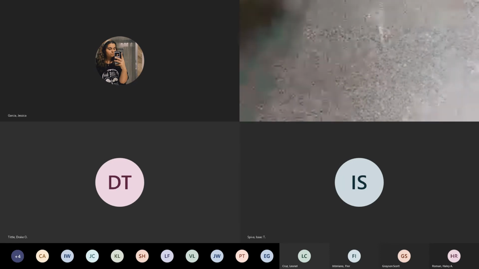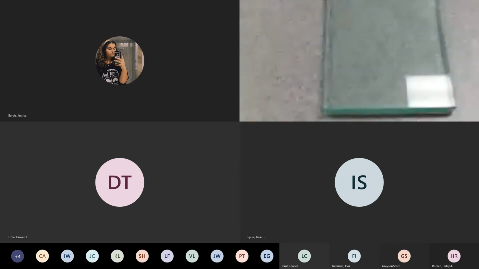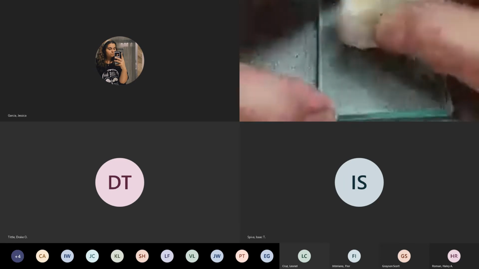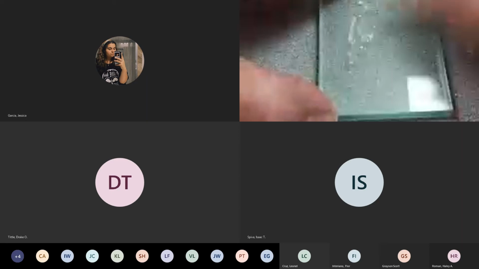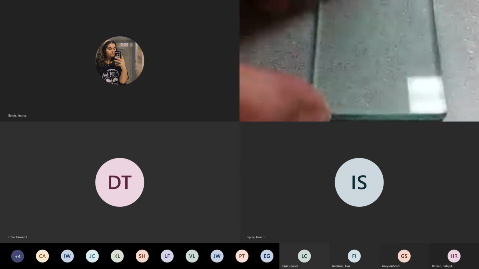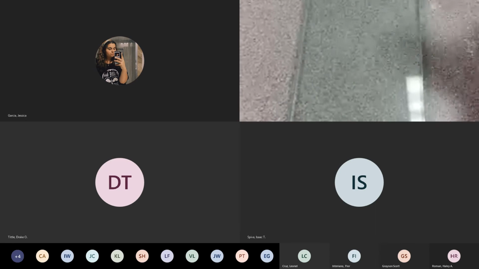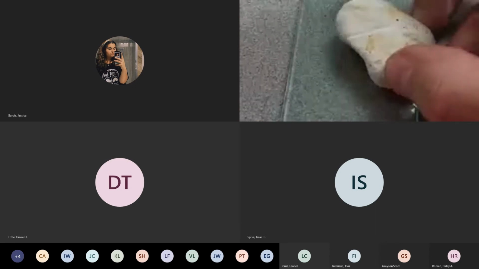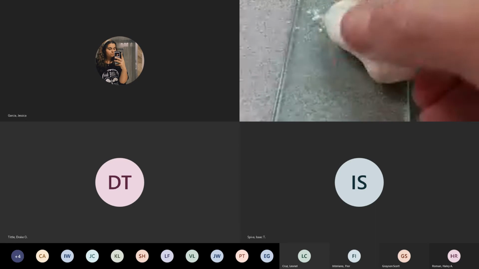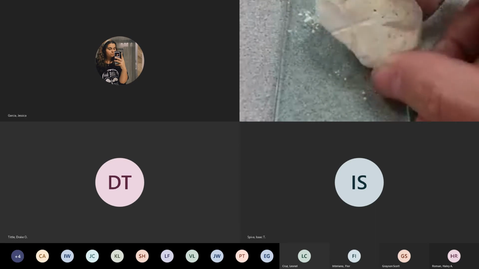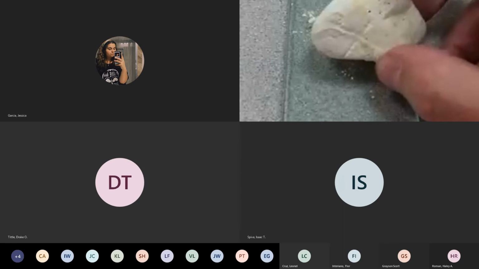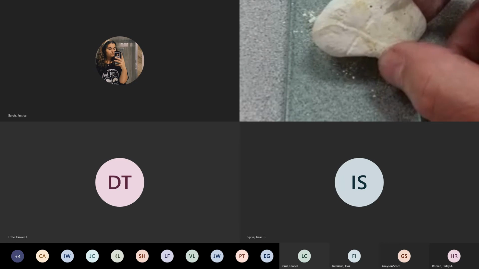Luster, streak, color, and hardness. So the glass is right there. I'm going to go ahead and try the glass. And I'm just leaving a bunch of this stuff on the glass. It's definitely not cutting that. Let's go ahead and try the fingernail now. So it should be very obvious that I cut a rut in there with my fingernail.